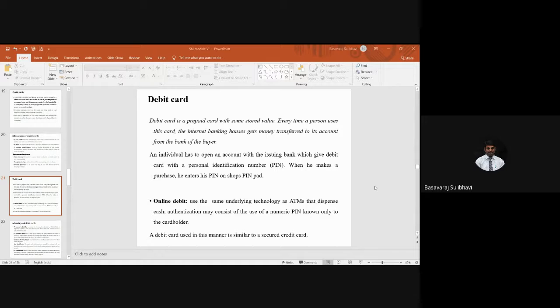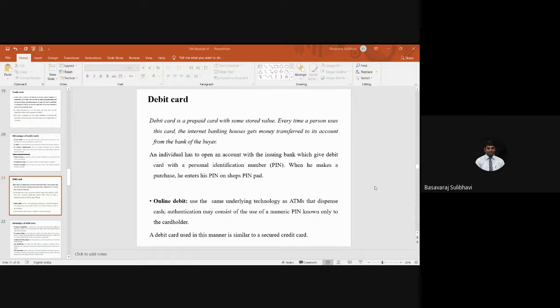Then an individual has to open an account with the issuing bank, which gives a debit card with a personal identification number. It is secured, because whenever you make a transaction, it will ask for authentication from the cardholder, the PIN which has been given to him, and that personal identification number has to be entered, and then they can make a purchase.